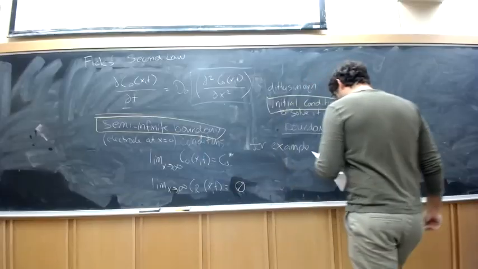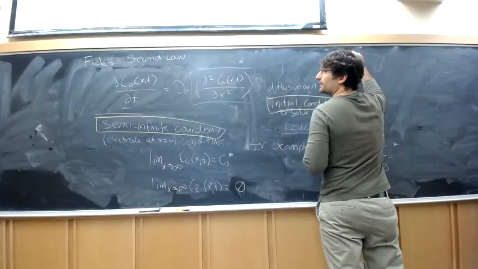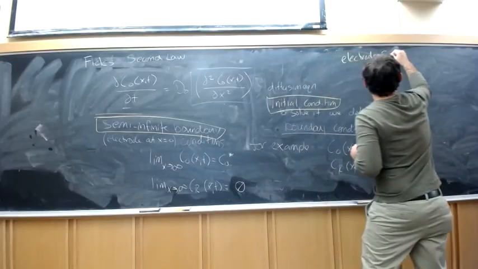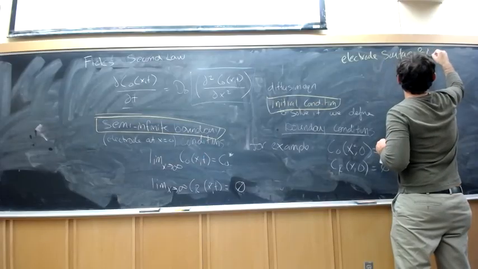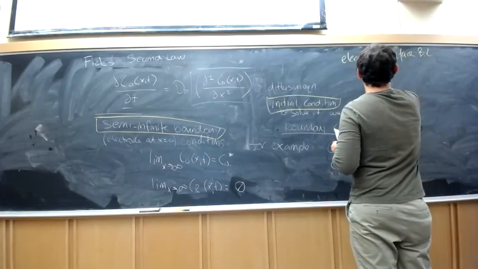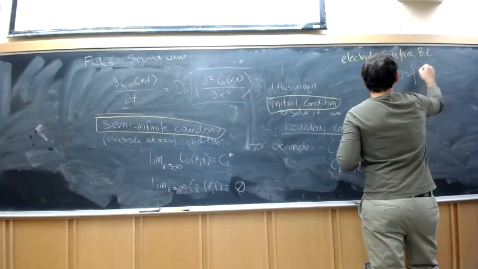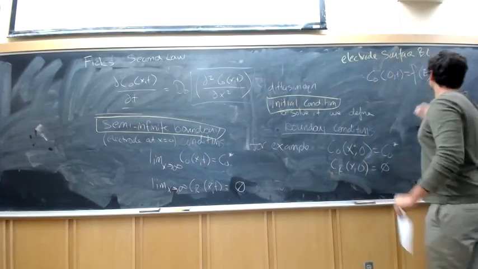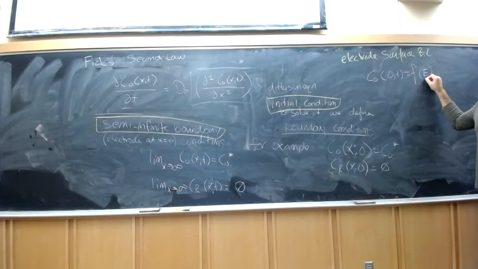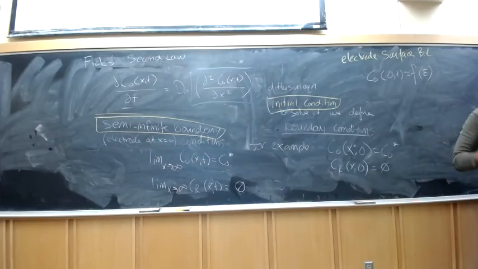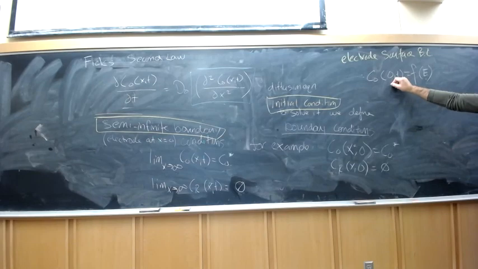And then the third type of boundary condition I might want to define is an electrode surface boundary condition. So I might say that C_O(0,t) equals some function of the potential I apply, right? If I'm controlling the potential and I want to predict the current, what I need to do is predict the O and predict the R.